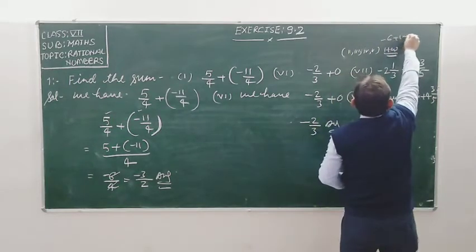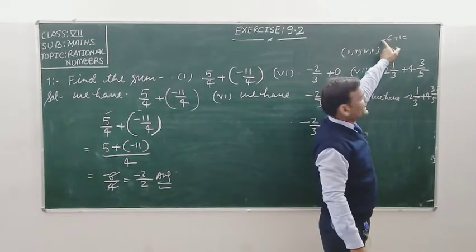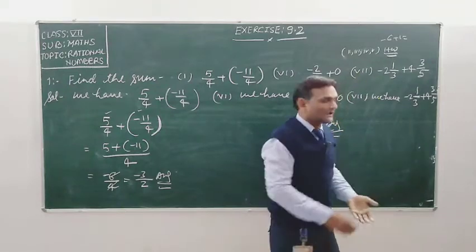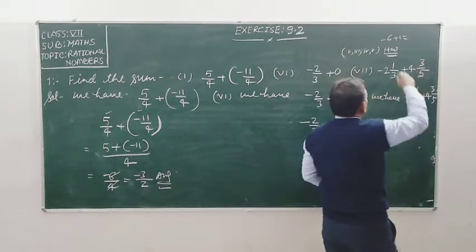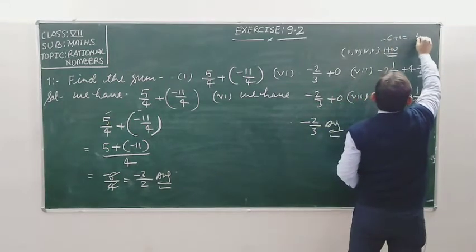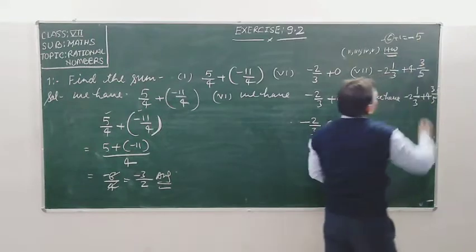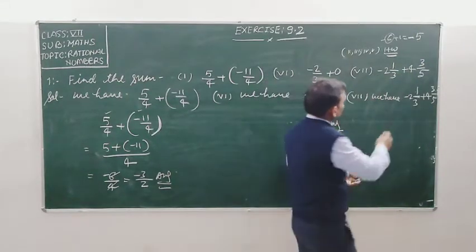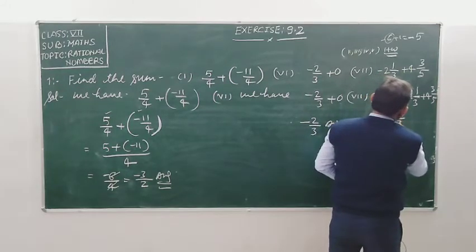You are seeing here that minus 6 is negative and 1 is positive, so we can't add, we only subtract, and we use the sign of the greater number in the result. 6 minus 1 is equal to 5. The sign of 6 is minus, so we put a minus sign before the 5. So this is minus 5 upon 3.